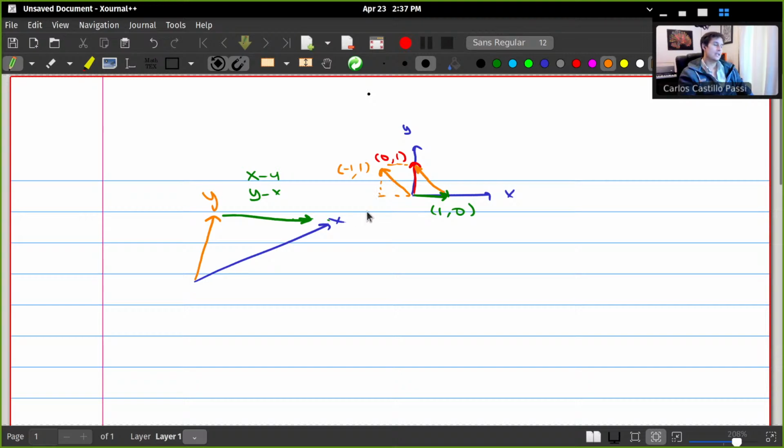So that means that if this is our vector y, now let me put a different name, x1 and x2, and this one is y.